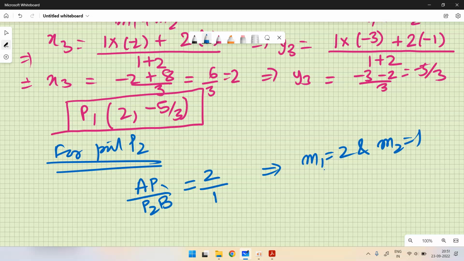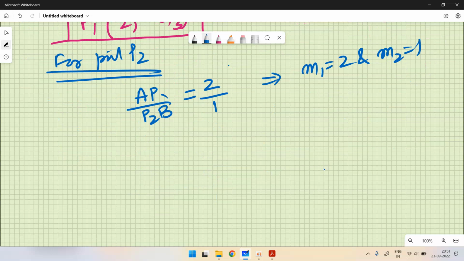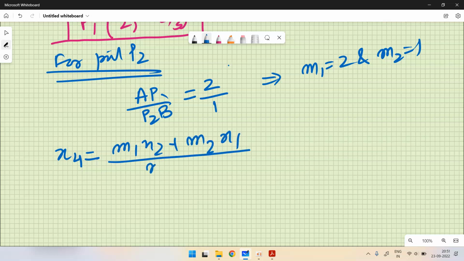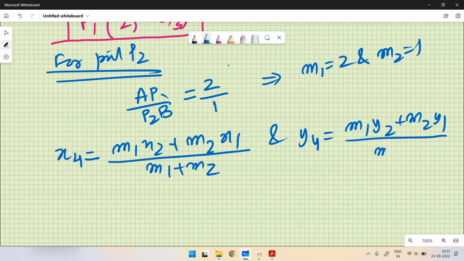So I have taken X4, Y4. Calculating the coordinates of point P2, X4 is M1 X2 plus M2 X1 by M1 plus M2, and Y4 is M1 Y2 plus M2 Y1 by M1 plus M2.